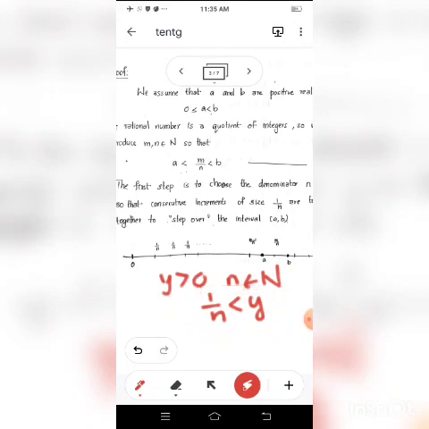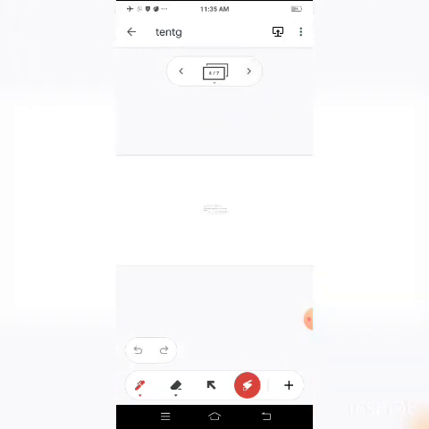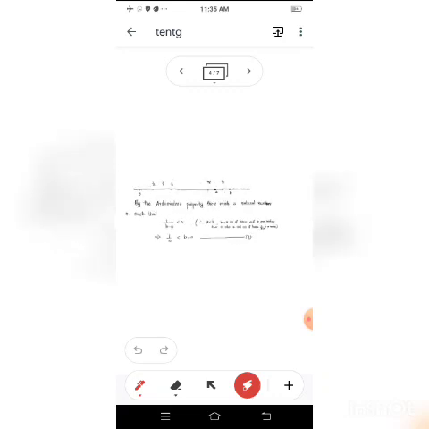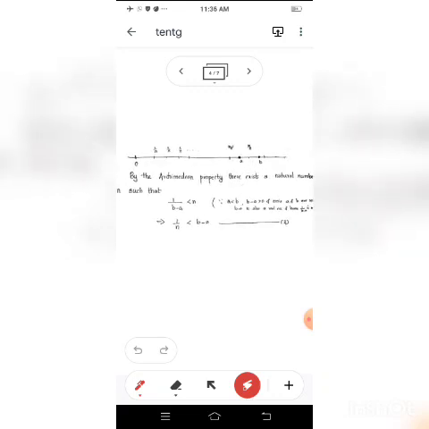Here we are given that a is less than b. Since a is less than b, b is greater than a, so b minus a must be greater than 0.